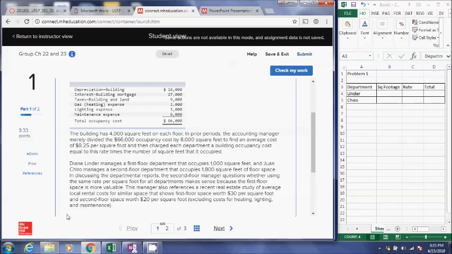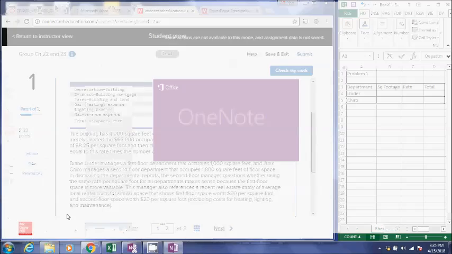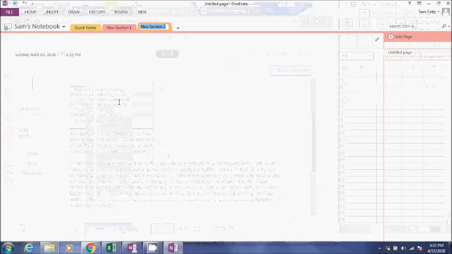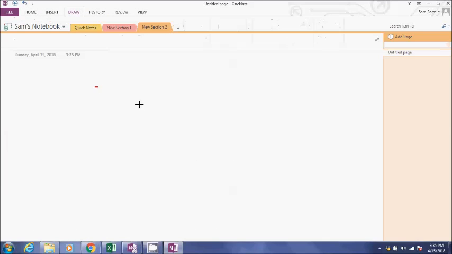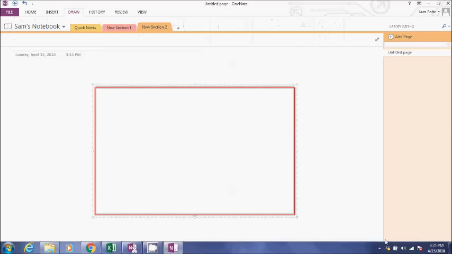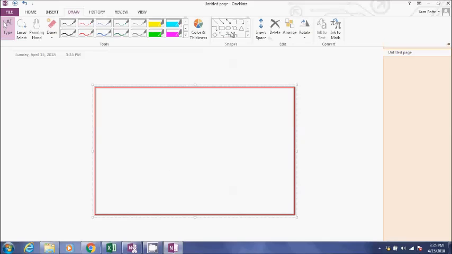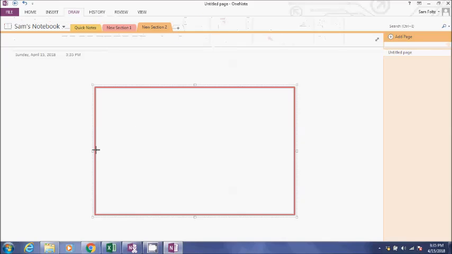So I kind of want to just get a visual here real quick. I'm just going to roll over to OneNote real fast and see if we can look at something. Let's just think about a square box building, right? So if I've got this building, there it is, and it's separated into two floors. Let me just bring a line across here.